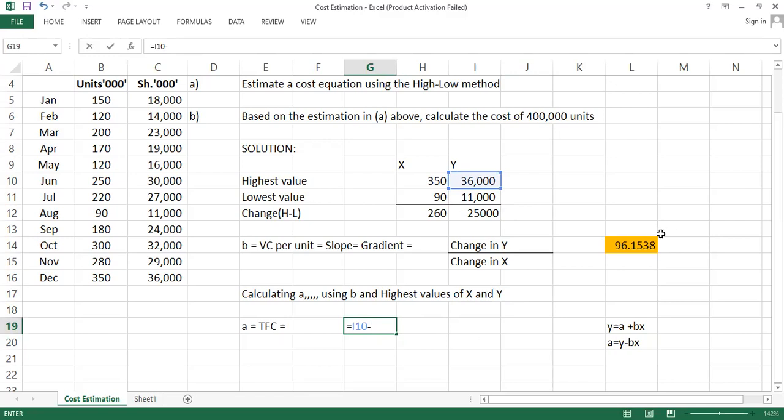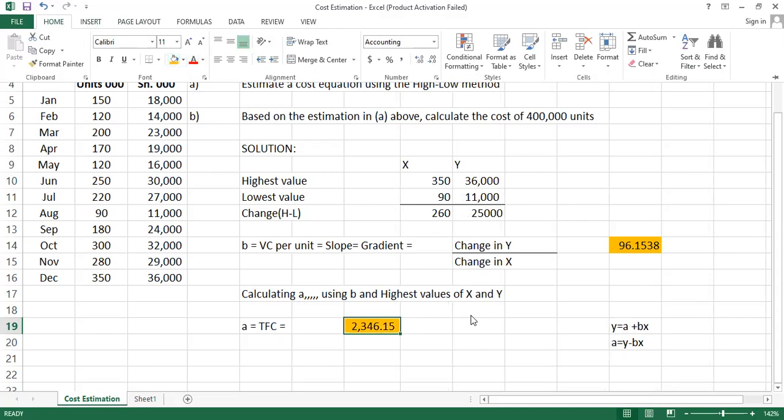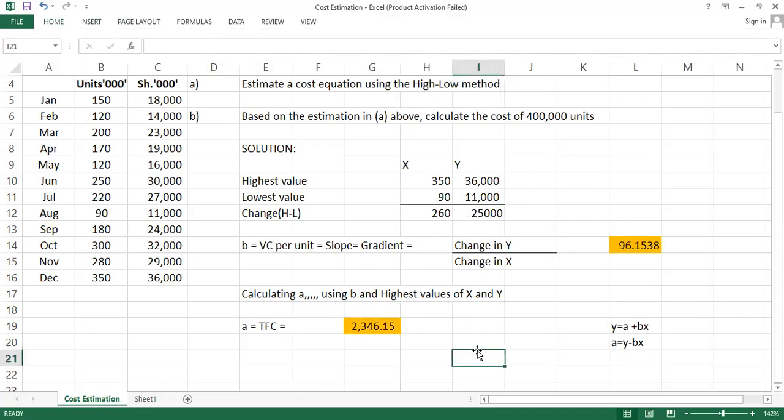So b is 96 times x for the highest values. X for the highest values is this 350. When you press enter, that's the value of A that we get.